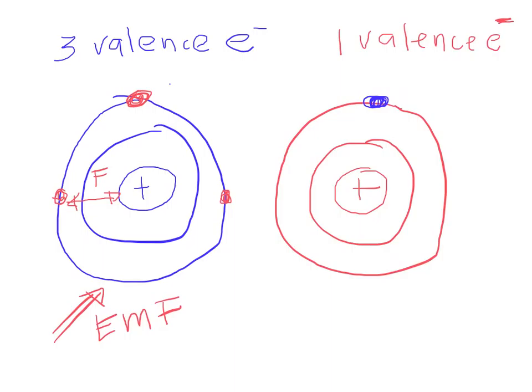Since this one is by itself, even though this one is negative and this one is positive, and there is an attractive force between the electrons and the protons, the force is not as strong because the electron is moving really fast.